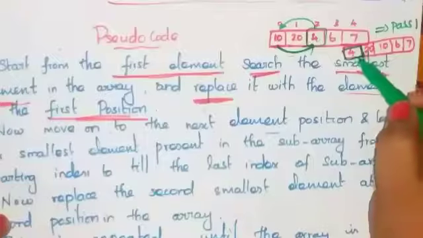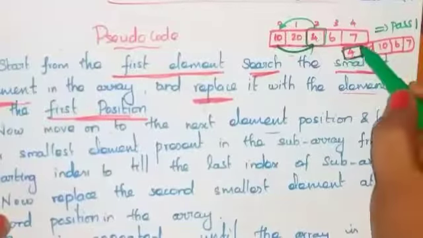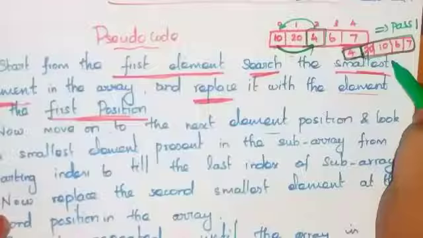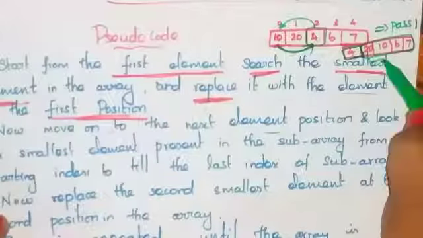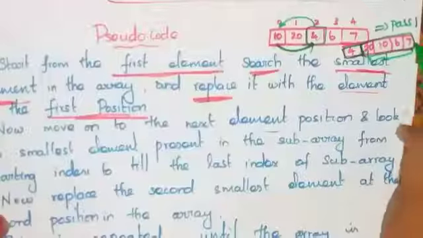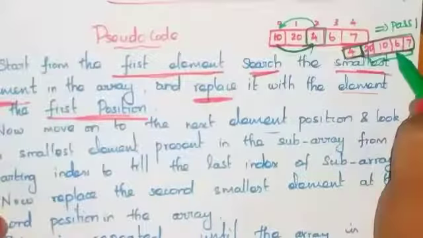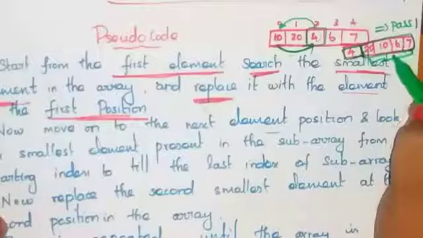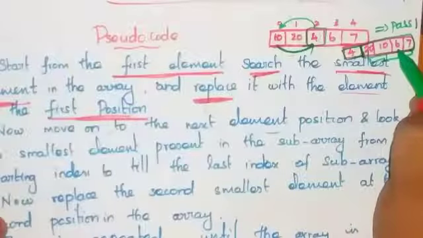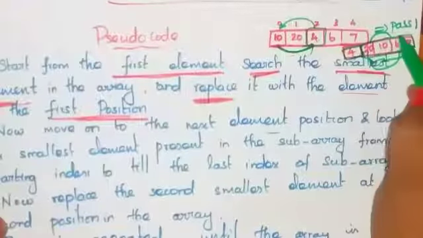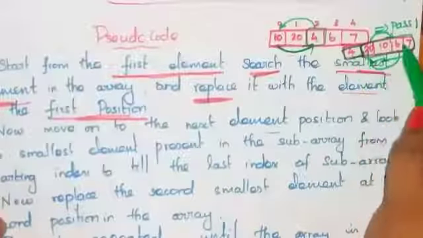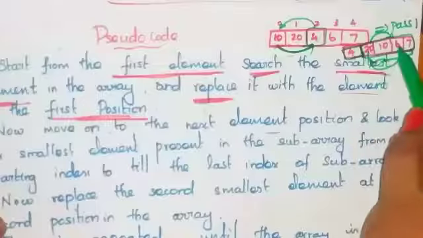This is the sorted element, and these are the unsorted elements. Check these 4 elements. Which element is the smallest? Here, 6. So you have to exchange this 6 into the second position and move this 20 here. Write 6 here, 20 here.